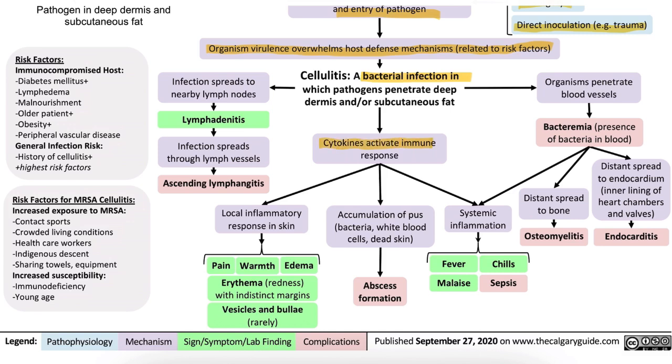In the inflammatory response, cytokines activate the immune response. Then there is a local inflammatory response in the skin, with accumulation of pus, bacteria and white blood cells, followed by systemic inflammation.